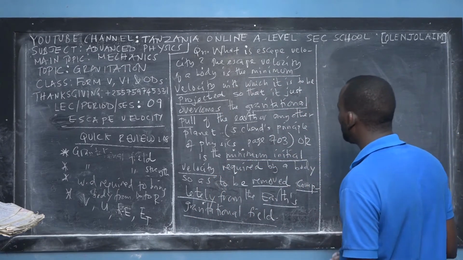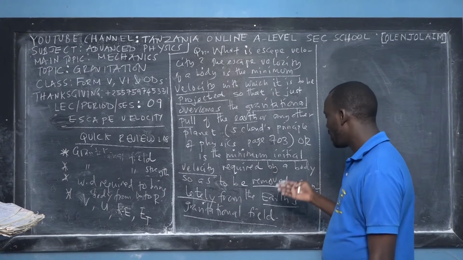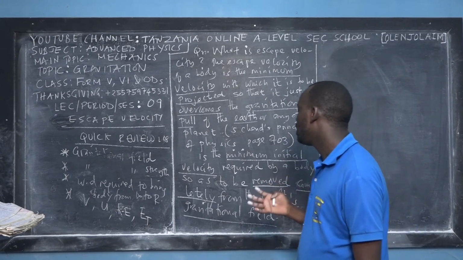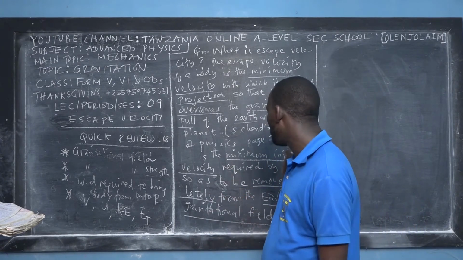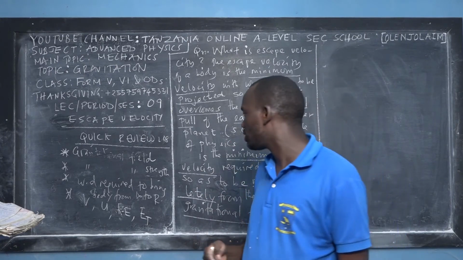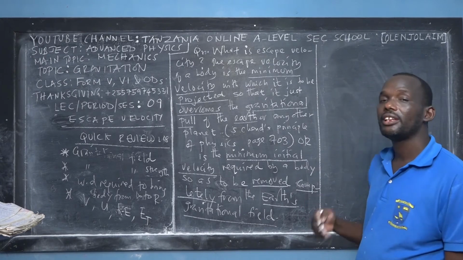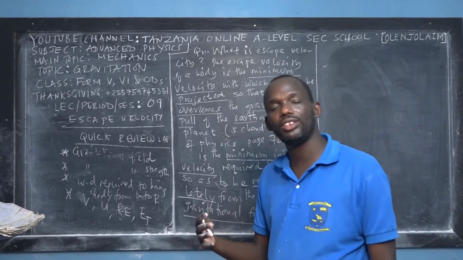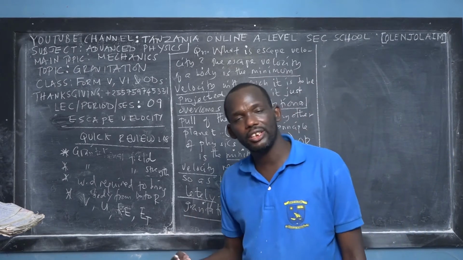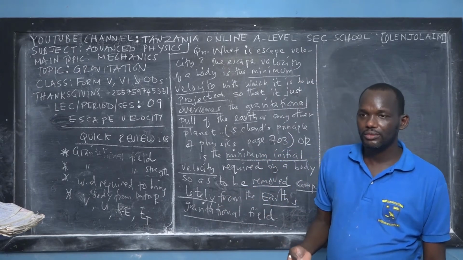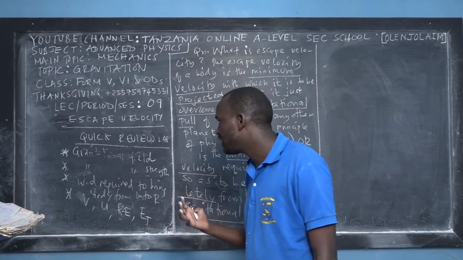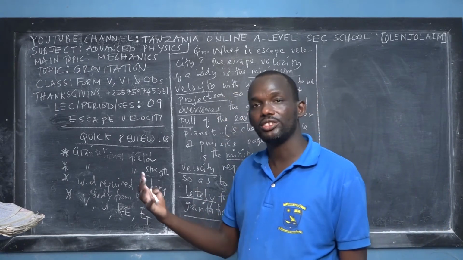So escape velocity, this is the velocity that when, for example, myself as a teacher, I am given the minimum initial velocity, which is called the escape velocity, then I will be leaving or be removed completely from the Earth's surface. So that's what we say, that we send the body outside of the space.